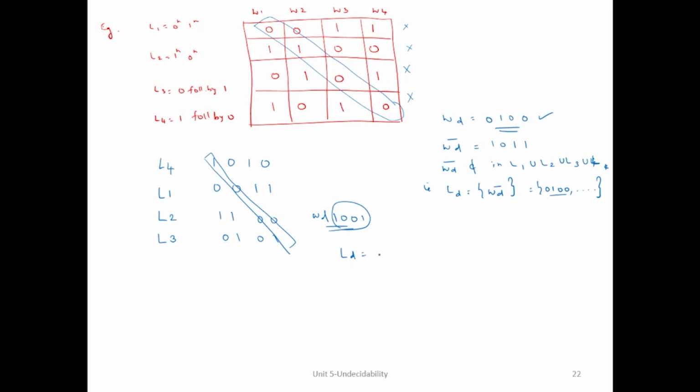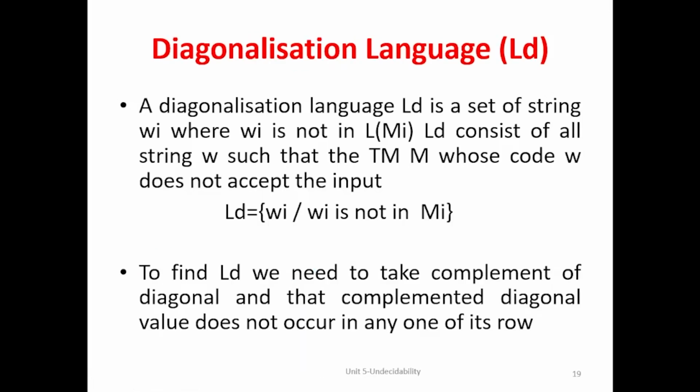That means you should take the complement of that value. The complement of the value is 0110. It is not available, so LD contains the complement of the diagonal value. Once again I write the definition: LD is equal to the set of Wi such that Wi is not in L of Mi.